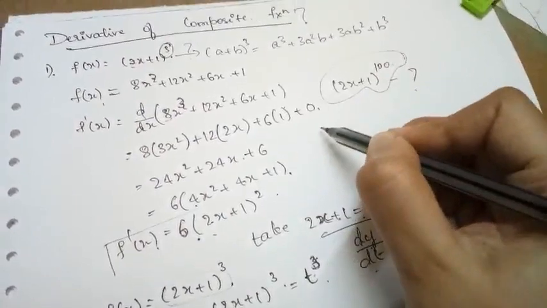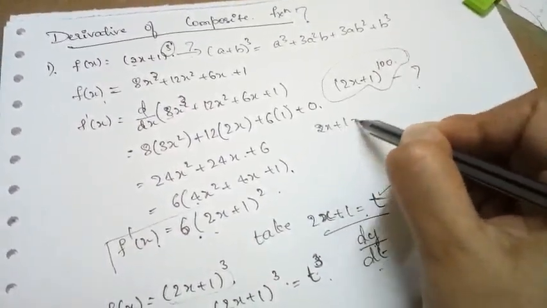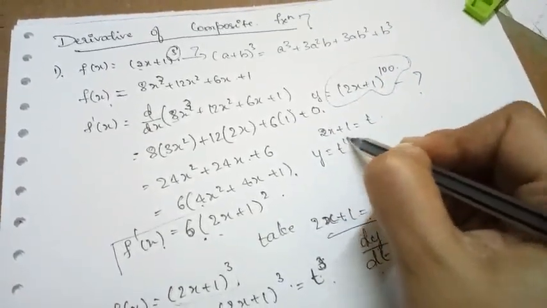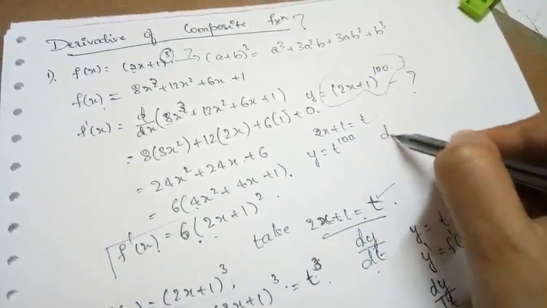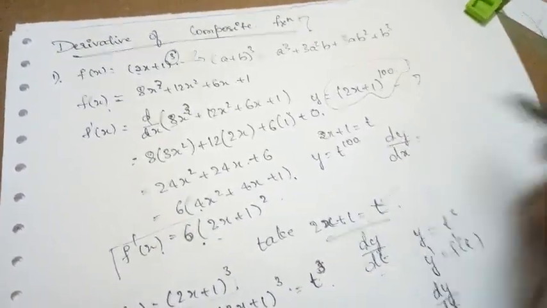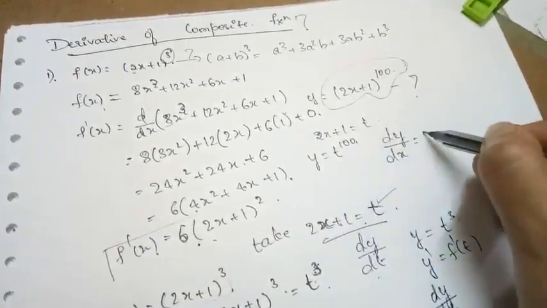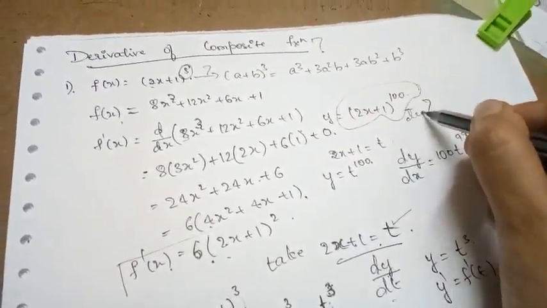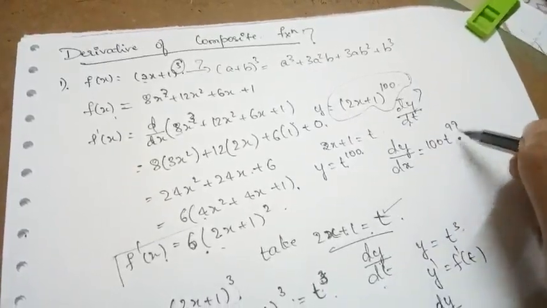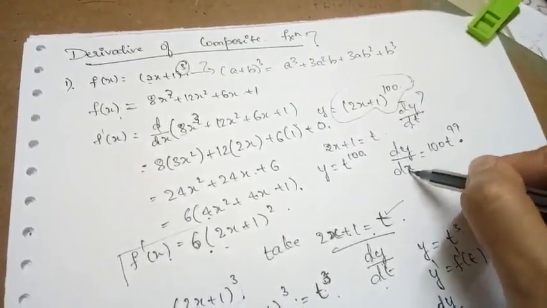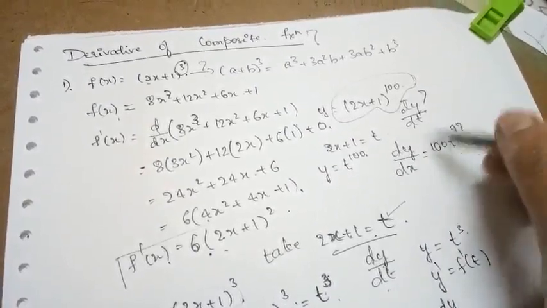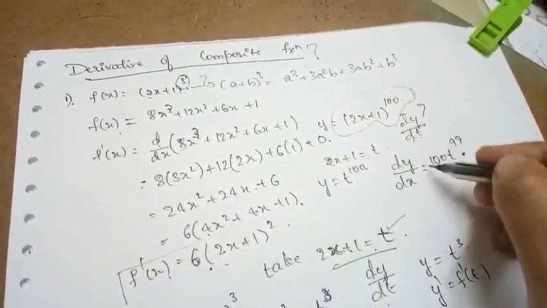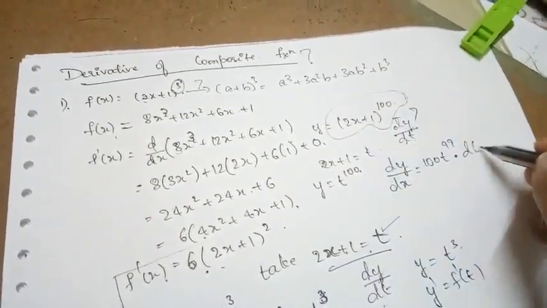So here, if I take 2x plus 1 as equal to t, what happens to our y? y is equal to t to the power 100. Now if I need to find dy by dx, first t to the power 100 gives 100 t to the power 99, which is the differentiation of y with respect to t. Since we require the differentiation of y with respect to x, we again need to differentiate t with respect to x.